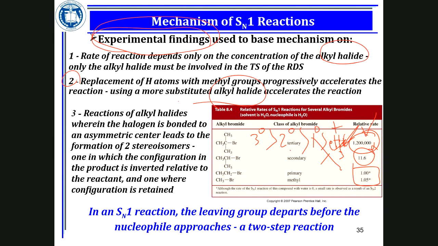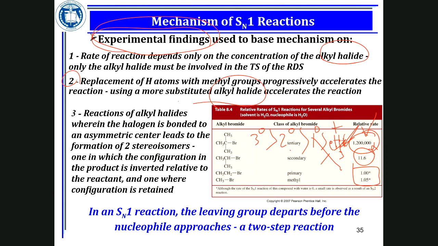For Sn2, you would get inversion in configuration. So if you start with S, you end up with R, and vice versa. But for an Sn1 reaction, if you start with S, you get a mixture of R and S. If you start with R, you get a mixture of R and S.